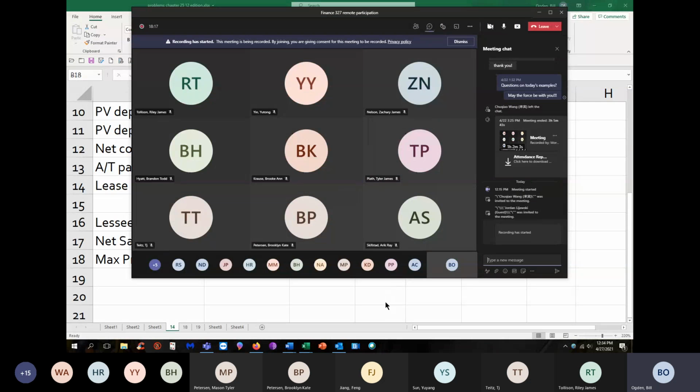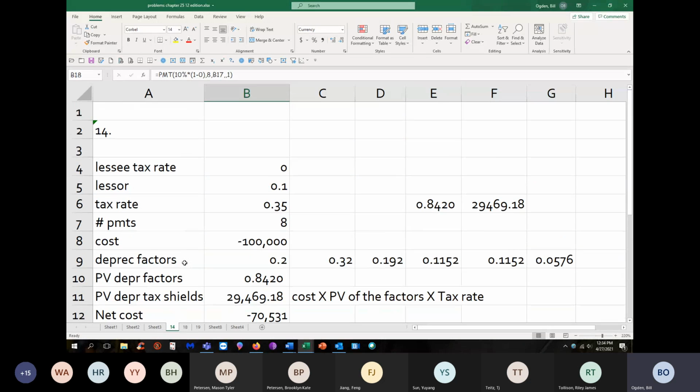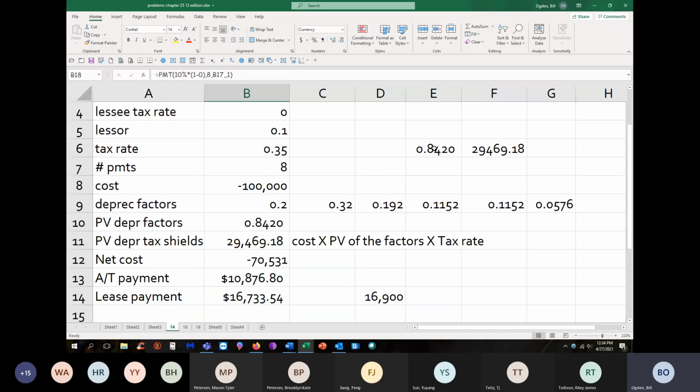All right, so let's begin with the assignment for leasing. In problem 14, this is our first exciting experience of a t equals 0 lessee and a lessor with a non-zero tax rate.